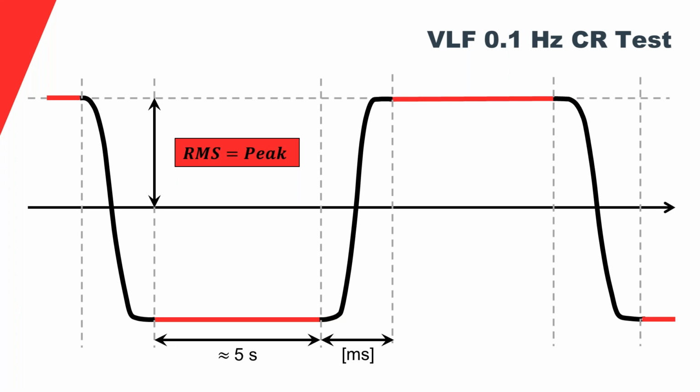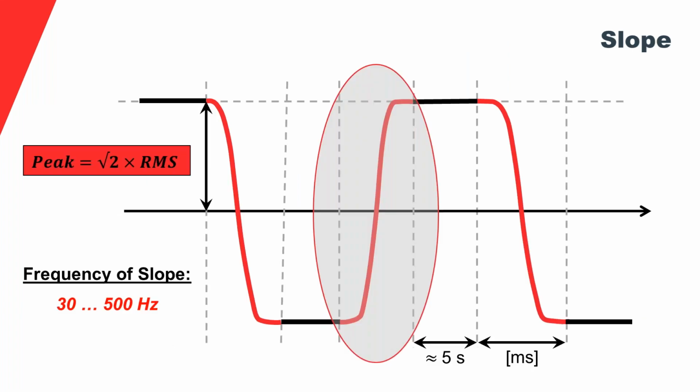Overall, it's 0.1 hertz, so it's 5 seconds positive, 5 seconds negative. And the transition happens in milliseconds. It actually happens at the slope, at the steepness of the power frequency, which is very important. And then you have the actual slope technology, as we call it.